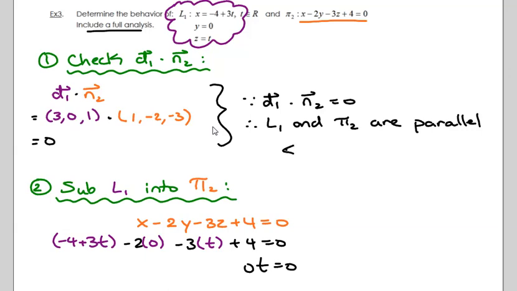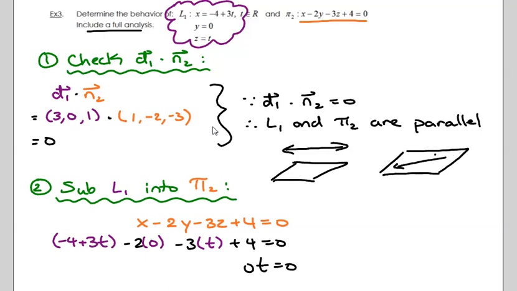So again, that is the case where you have something like this, or this case where you have the line on top. Okay, so we're going to distinguish between the two by subbing in line 1 into plane 2 and taking a look at what our t value is.